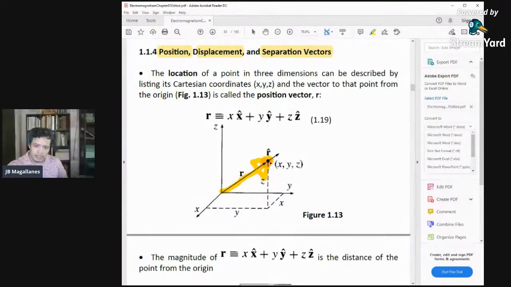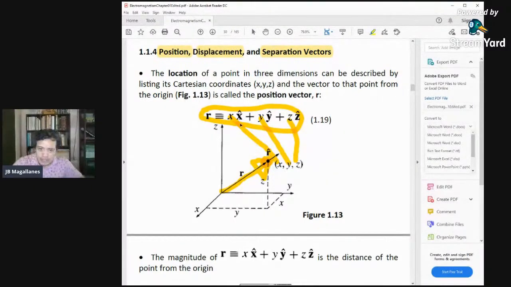If the point is x, y, z, then there is a vector representing the direction and magnitude coming from the origin, which is 0, 0, 0, to the point x, y, z. So this is the position vector. The x would be the x component, the y the y component, and the z the z component, and the directions are x hat, y hat, and z hat respectively.